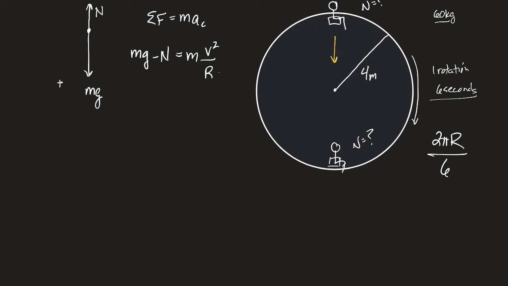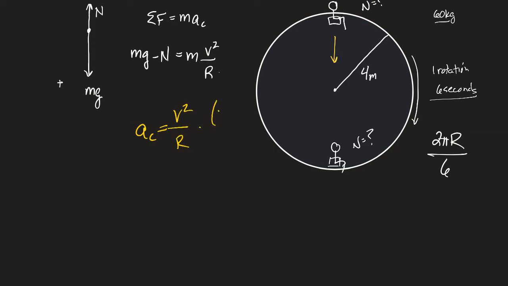Now, I'm going to make a small aside here. And this is just for all the people who really need this. So it suggests that there might be more than one way to write the centripetal acceleration. V squared over r is one of them, sure.